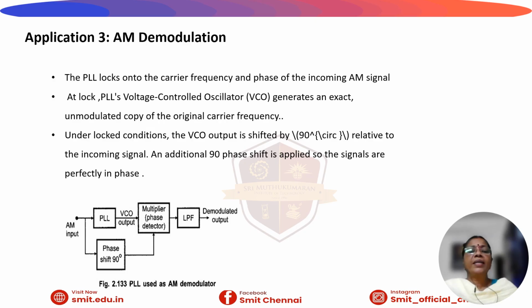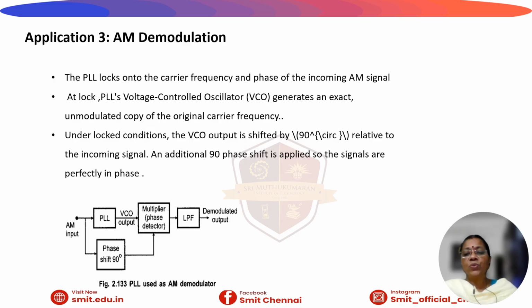The next application is AM demodulation. Here it detects the amplitude modulated wave and thus it gives the input message signal. Here the PLL locks to the carrier frequency and phase of the incoming AM signal. At lock condition, the PLL's VCO generates an exact unmodulated copy of the original carrier frequency.